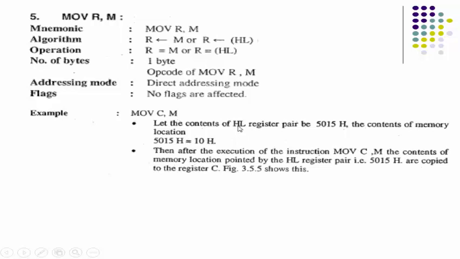Like the previous example, suppose the HL register pair holds 50 and 15 hex, and at this location the data 10 hex is available. After execution of MOV C, M, the content of the memory location pointed to by HL, 5015, is copied to the specified register, the C register.